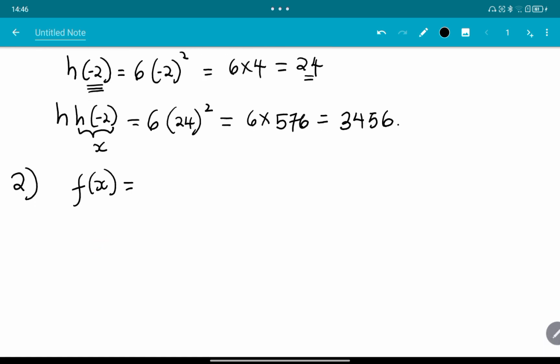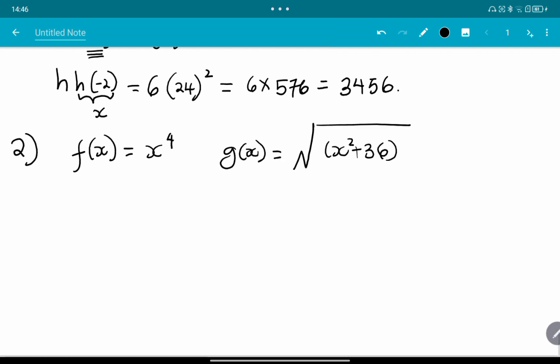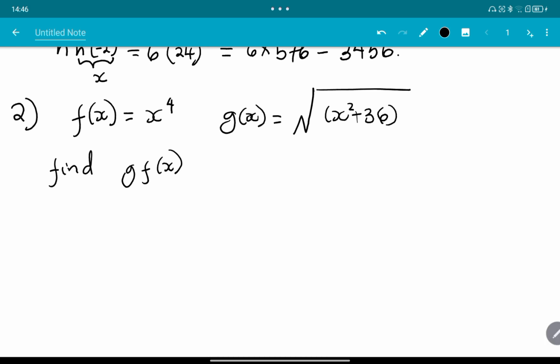f of x is x power 4, and g of x is the square root of x squared plus 36. Then the question asks you to find g of f of x. So if you need to find g of f of x, the function f of x becomes the x that you see in this function. So where there is x in g of x, you replace it with the function f of x.